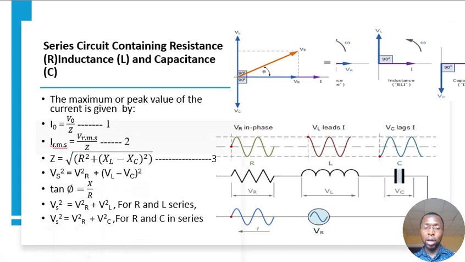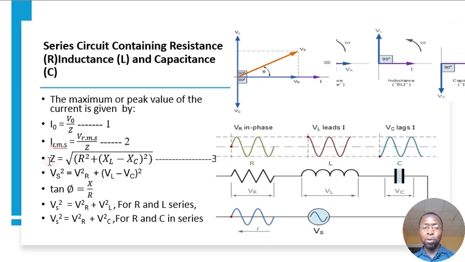Now, to do that, we already said whenever you have the resistor and the inductor, the total voltage supply, of course, still remains VR squared plus VL squared. But whenever you have the resistor and the capacitor, the total voltage supply still remains VR squared plus VC squared.